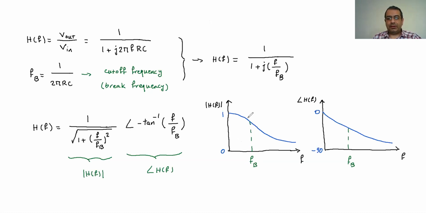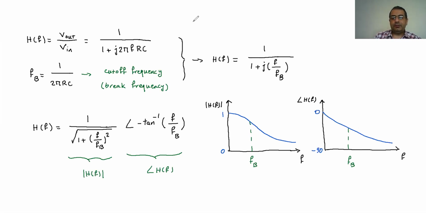So it tried to not touch the lower frequency, and then it tries to reject the higher frequency. The same here for the phase, it tried to not change the lower frequency, and then it's changing the higher frequency.